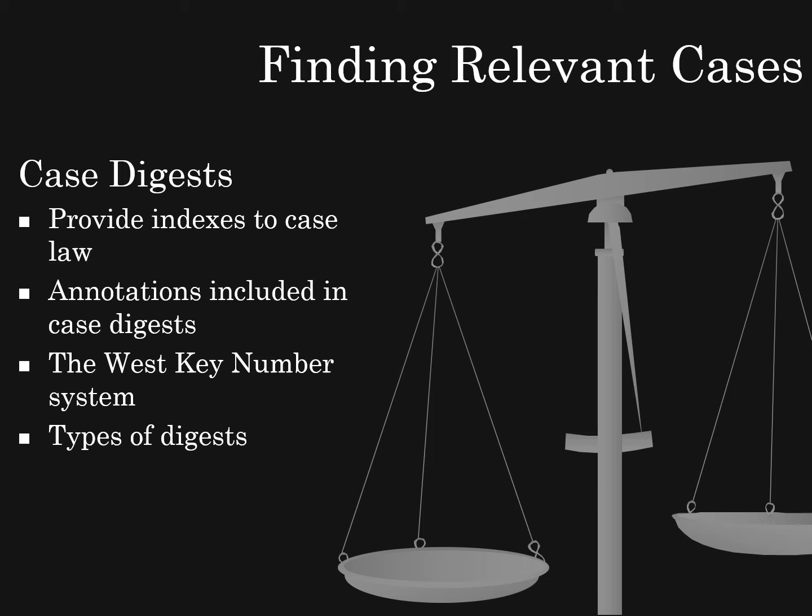So it's just a big index to the cases, and for the most part they are published by West, and they follow what West calls the West key number system.